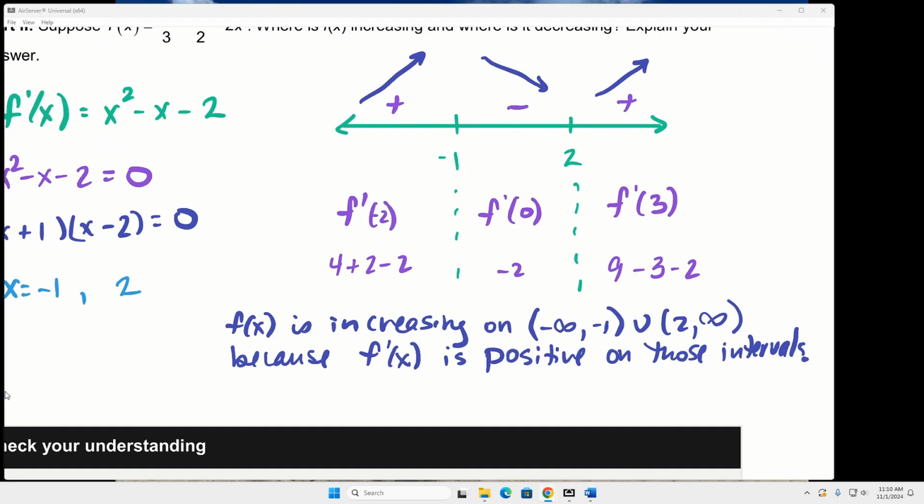And then something similar for decreasing. Oh, I messed up a little bit. Don't forget that if the function is defined at those values, those critical numbers, we do include them in our intervals.